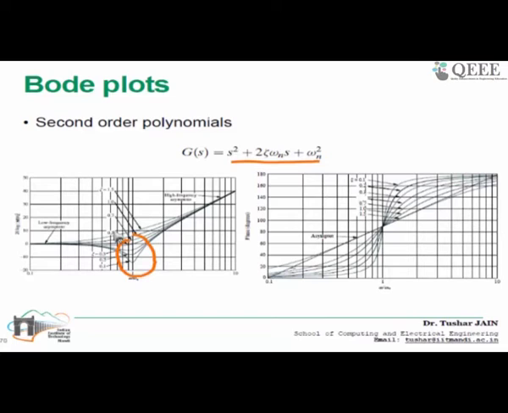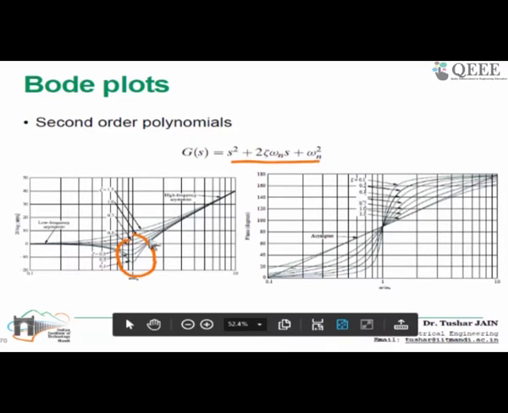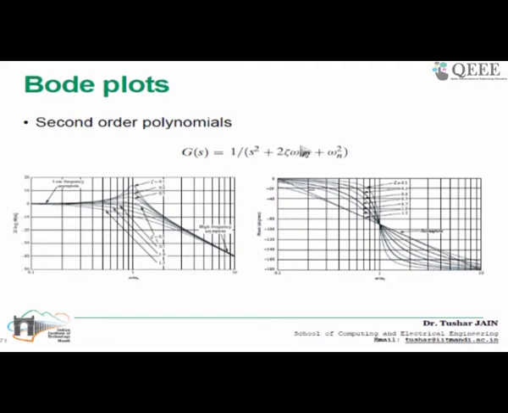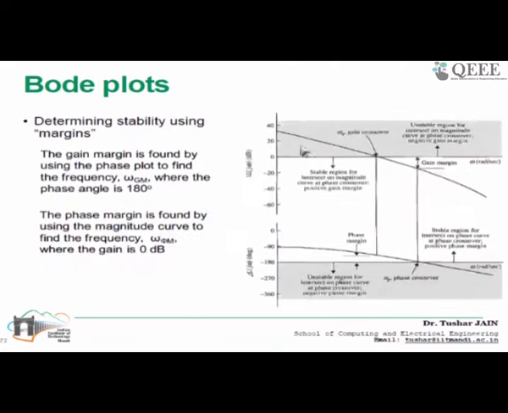Okay, for analyzing the stability, these peaks generally do not matter. So for second order response, we have such kind of peaks when you have a second order system, basically poles without any zeros.